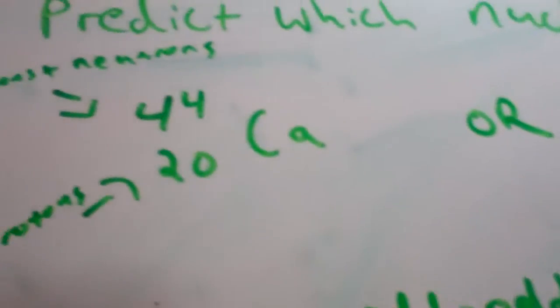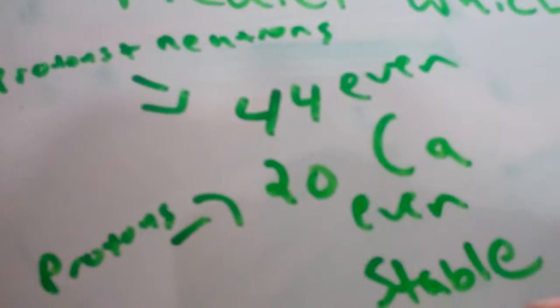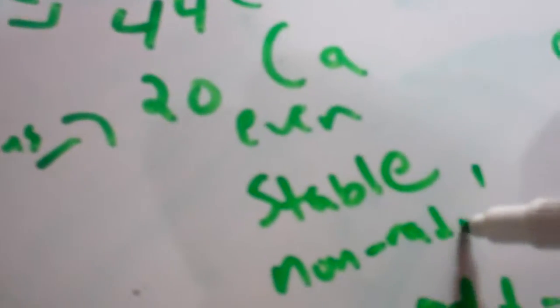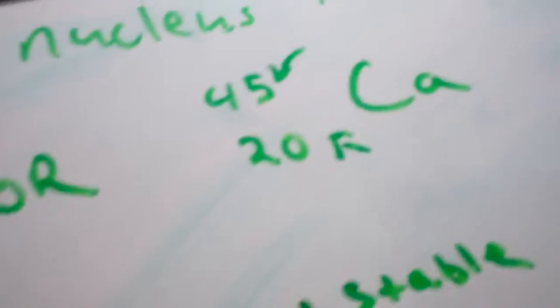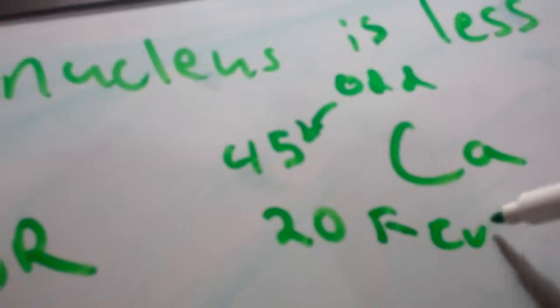So just by looking at it, we see that we have an even number and an even number, so we know that is going to be stable. It's non-radioactive. And right here we have an odd number and an even.